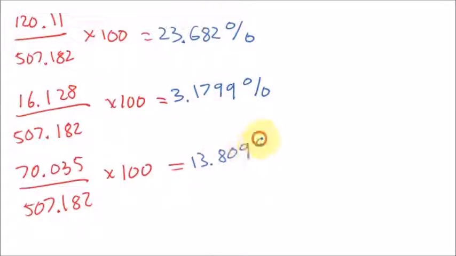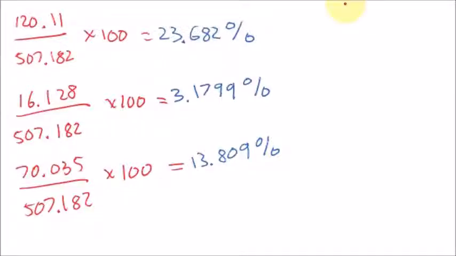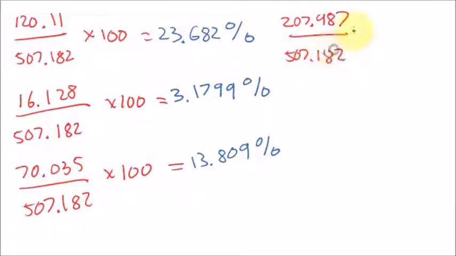Okay, just keep going. This is tedious, but you gotta just be neat and make sure you're getting all the numbers right. So here, 207.987 divided by 507.182, and multiply that by 100.